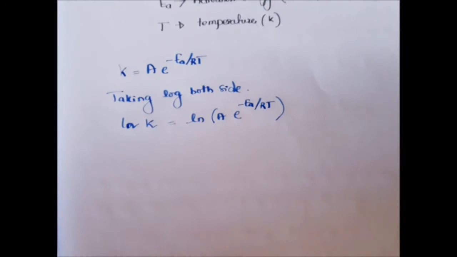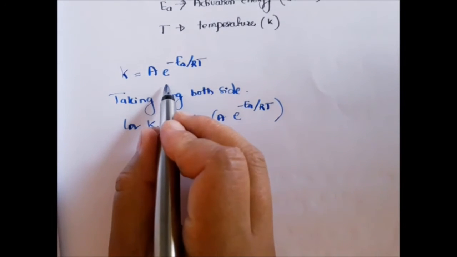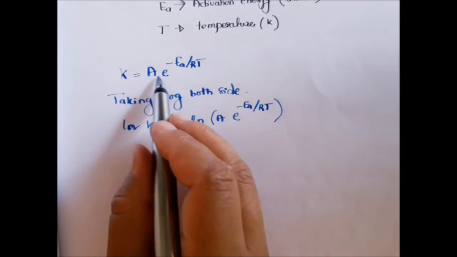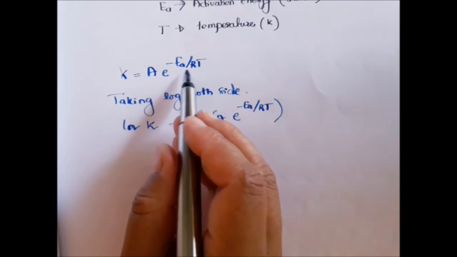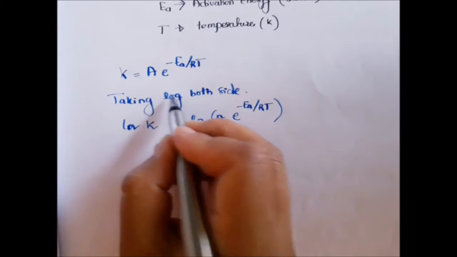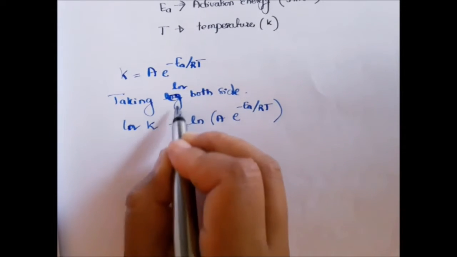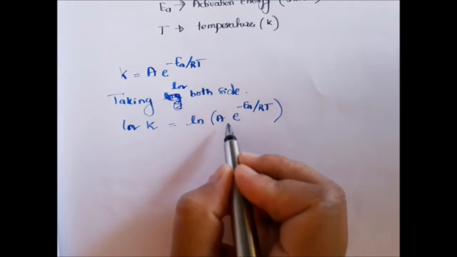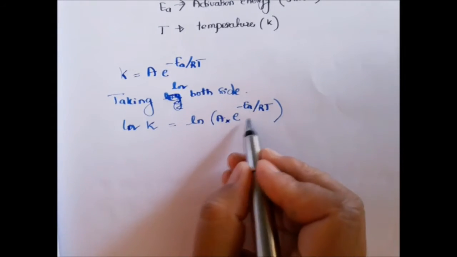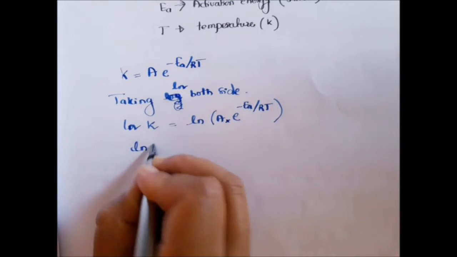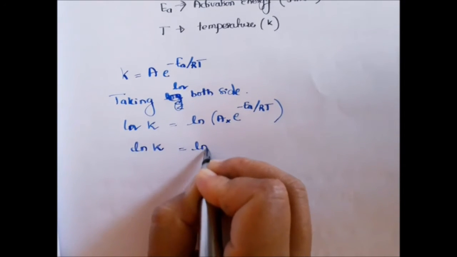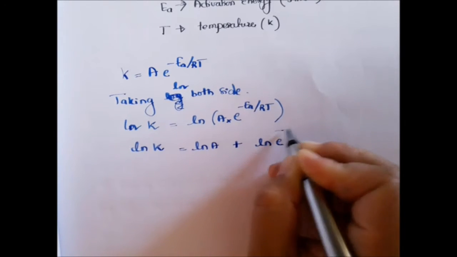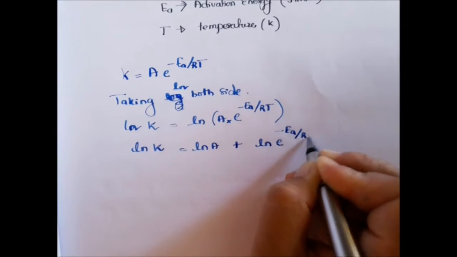So again taking the Arrhenius equation, k equal to A e to the power minus Ea by RT. Now taking natural log on both sides, we get ln k equal to ln of A times e to the power minus Ea by RT. Again we can write this as ln A plus ln e to the power minus Ea by RT.